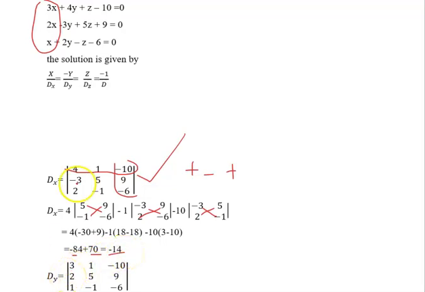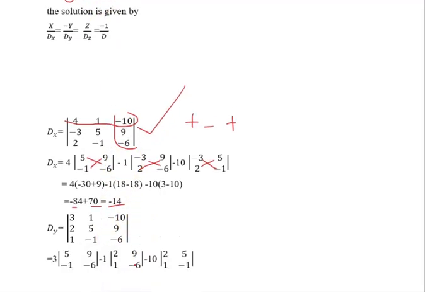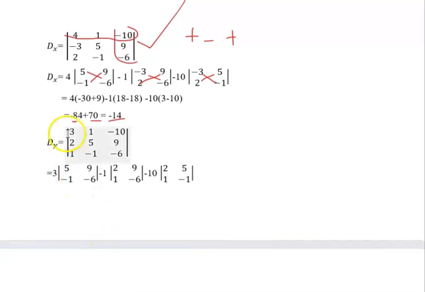Again for the y, you don't use the y column. So you find the determinant of coefficients left when the y column is covered up. So we have 3, 2, 1, 1, 2, 5, -1, then -10, 9, -6. Then you get the determinant again.